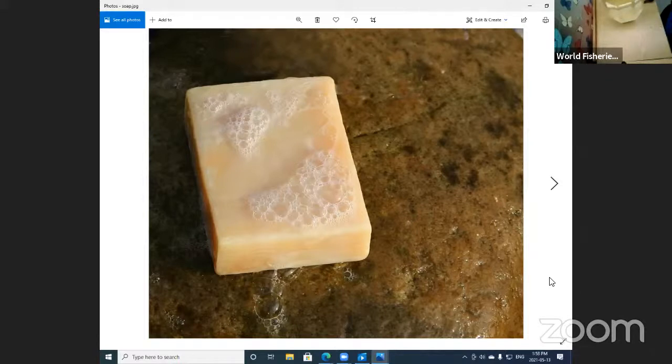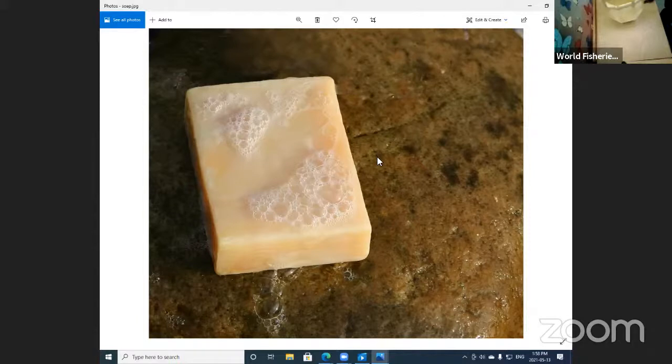So we got to think about it on our hands. Is it feeling acidic or basic? All right. Okay, we're saying basic again. Yeah, that is correct. So soap is basic.